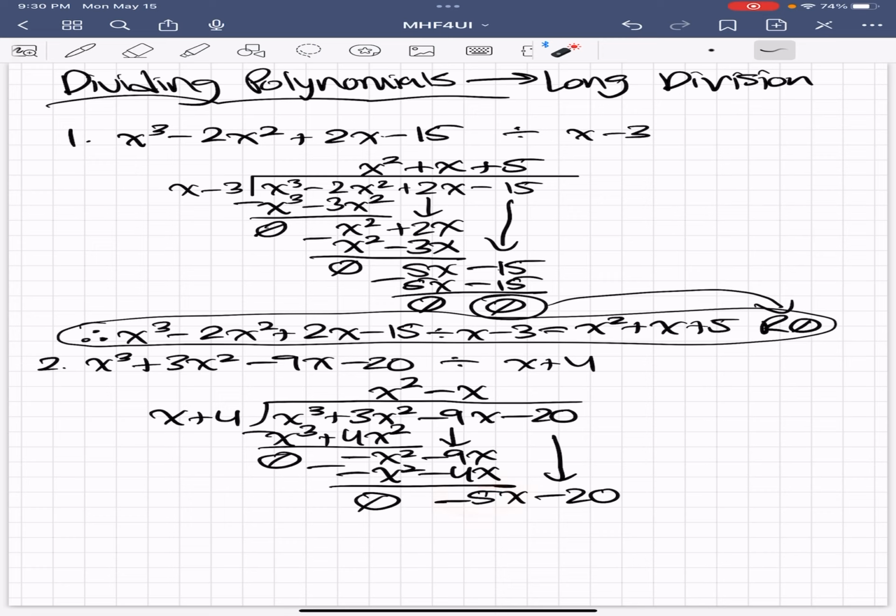What multiplied by x gets negative 5x? What number, what leading coefficient multiplied by x gets negative 5x? What's missing is negative 5.